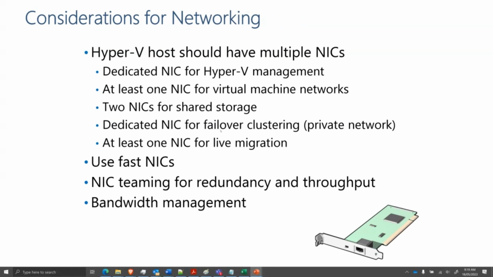Considerations for networking. Same considerations we had for vSphere. We should have multiple NICs, separating the different types of networks. We should have redundancy so that we can have failover, and to improve throughput and bandwidth. So Hyper-V should have multiple network cards: at least one dedicated for Hyper-V management, at least one NIC dedicated for the virtual machine traffic, at least two NICs dedicated for the shared storage, at least a dedicated NIC for failover clustering, if you do have failover clustering, and at least one network interface card for live migration, which is equivalent to vMotion.